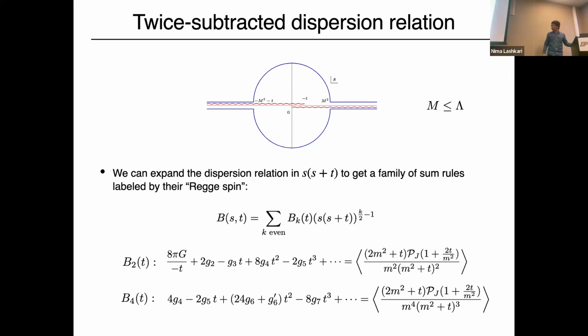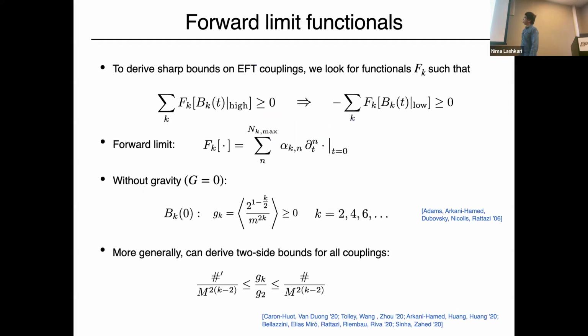Now we have this relation, and what we want to do is to extract some constraint on these coefficients g2, g3 using these equations. The idea is to apply a functional. These relations are a function of t, and the idea is to apply a functional that acts on this equation such that the high energy side is positive.